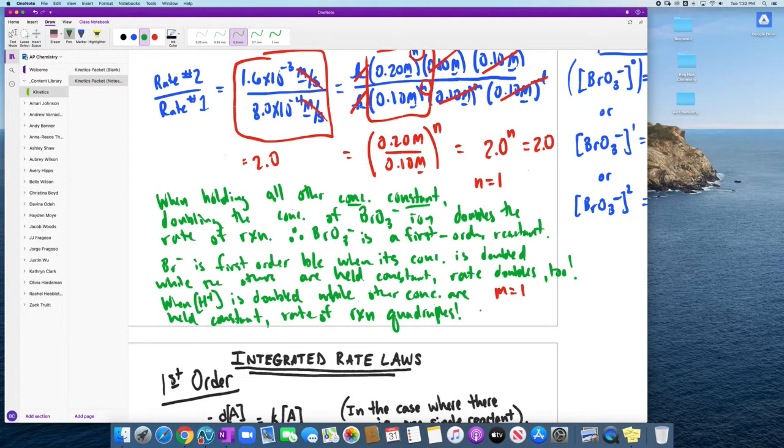Therefore H plus is a second order reactant, and that means L is 2. So that's enough information to write out the rate law.